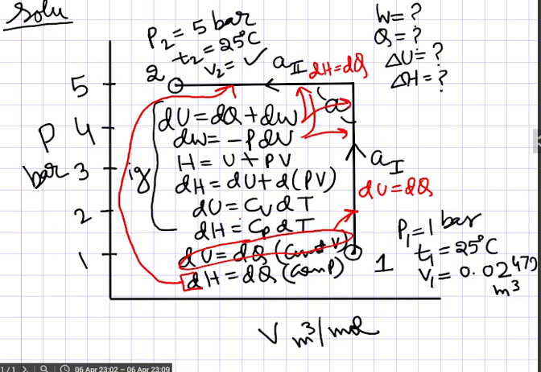But the last 2 formulas are valid only for constant volume and constant pressure respectively. So how you will calculate, I will explain in the next lecture, because I want to keep the size small.